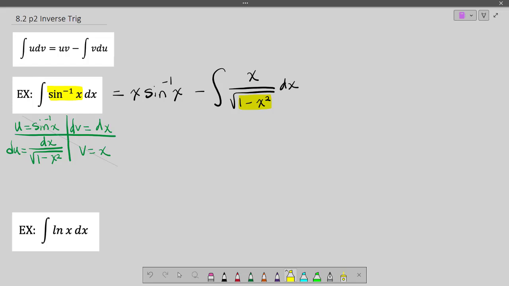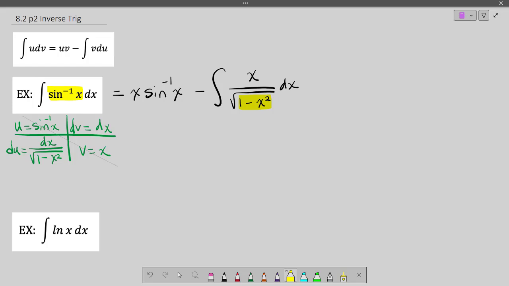And the key is that the derivative of u, or at least a multiple of the derivative, needs to be somewhere else in the integrand. When we take the derivative of a quadratic, we get a linear. We see a linear up top, so that's what clues us in that U substitution is going to work. Integration by parts could very well work again if we wanted to do it a more complicated way, but ideally we're going to go with something more simple.